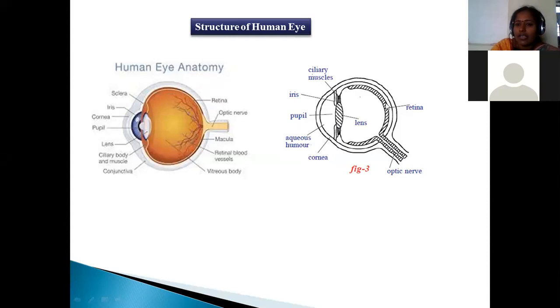This is an important part of the eye, and the retina is present at the back of the eyeball. This is the part where the light falls. The image will fall on this retina, and the retina is directly connected with the optic nerve, which is connected to the brain.